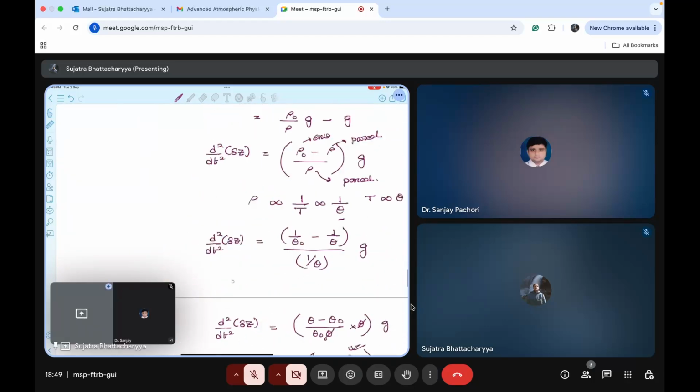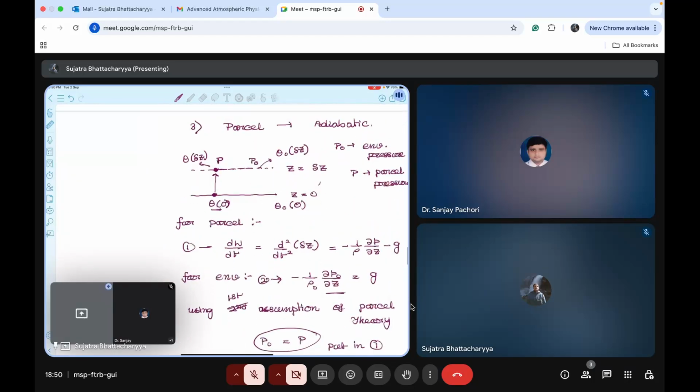Again, at z equal to 0, the parcel and your environment will be at the same temperature because the parcel has started from the same point. At 0, environment and parcel are at the same temperature. After that, the parcel has conserved theta, but the environment has not.